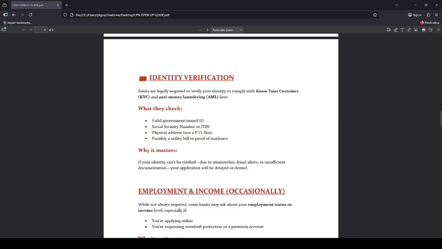And these are all things that you can provide, right? So let's say, for example, you built the CPN under your name and your date of birth. Now you have a real ID that you can use, right? A real ID that you can use. And again, you got a phone number, you attached it to your profile. You can get the proof of utility bills, proof of address. All of this is obtainable.